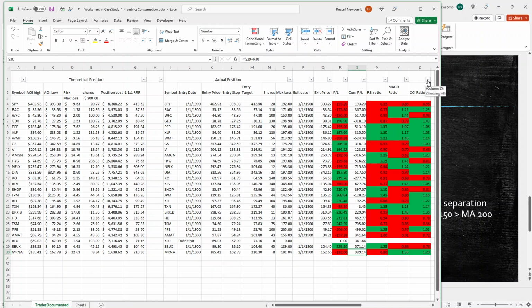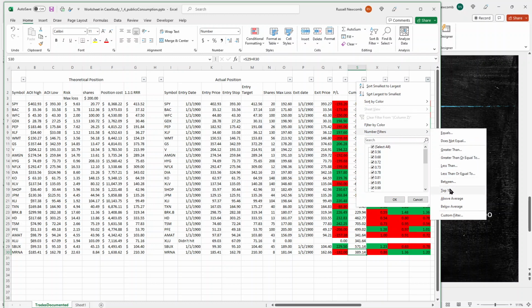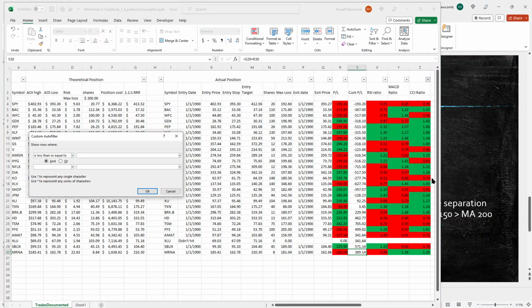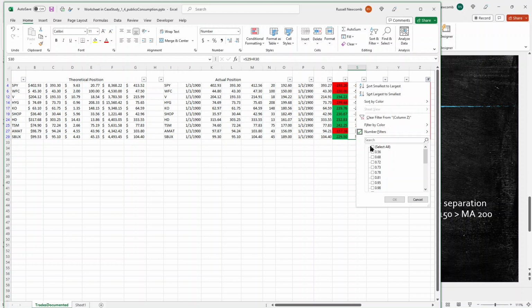So the thing to watch out for is you need to have a large enough sample size after the filter in order to actually implement the filter.